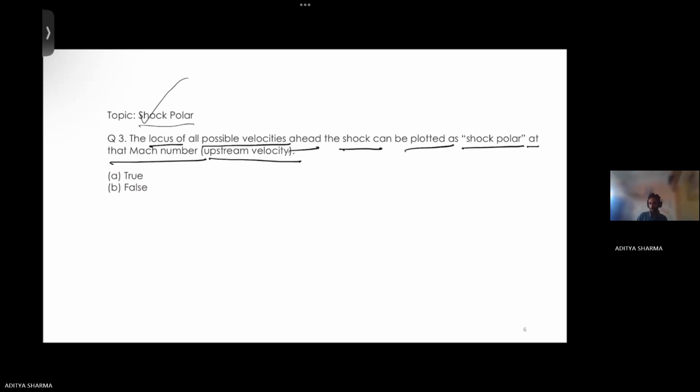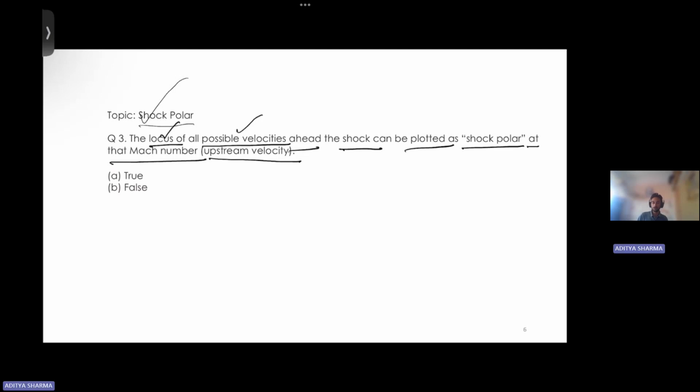So if we carefully read this, of all possible velocities, right? But the statement doesn't say at different deflection angles. We have one problem: the shock says that ahead of the shock, right?